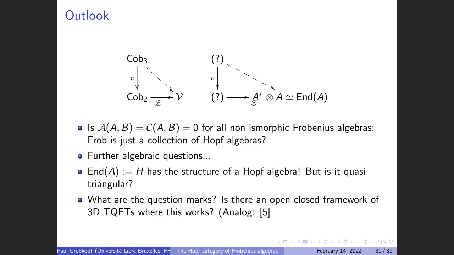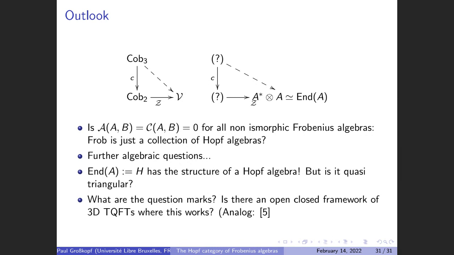But to go back to my TQFT examples where I started, how do I fill in this diagram here? Is there a way of using the Hopf algebra structure on the endomorphisms between Frobenius algebras to construct a 3-dimensional TQFT? That is still on the way.